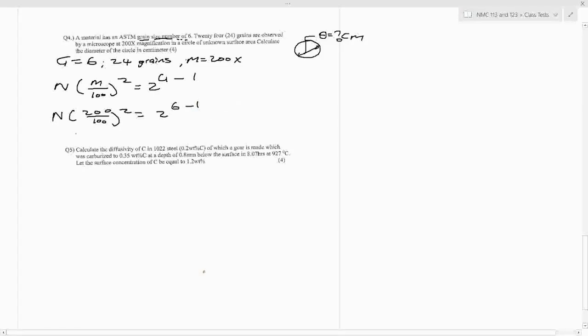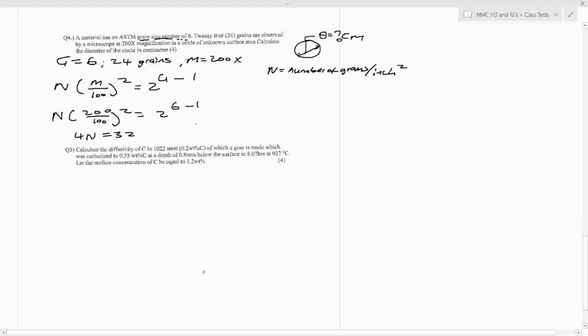That would leave 4N equals 32. And what we know is that N, let me just write it on the side here, N is number of grains per inch squared, right?